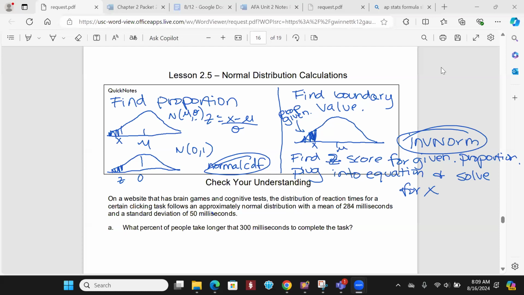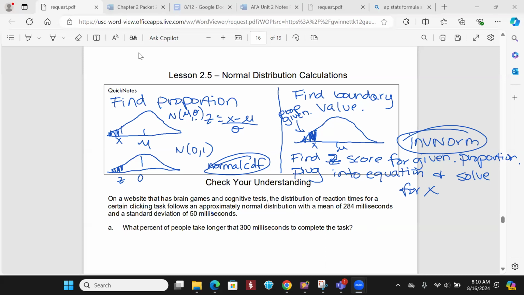For A, what percent of people take longer than 300 milliseconds to complete the task? That should have been 37.45. Does anybody need me to work that out? Let me go through it really quick. We want longer than 300.